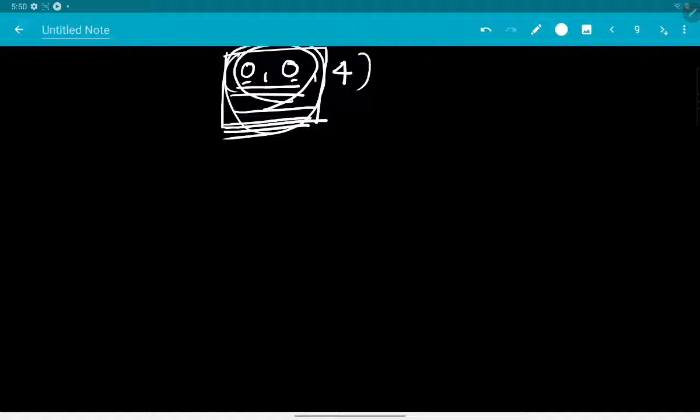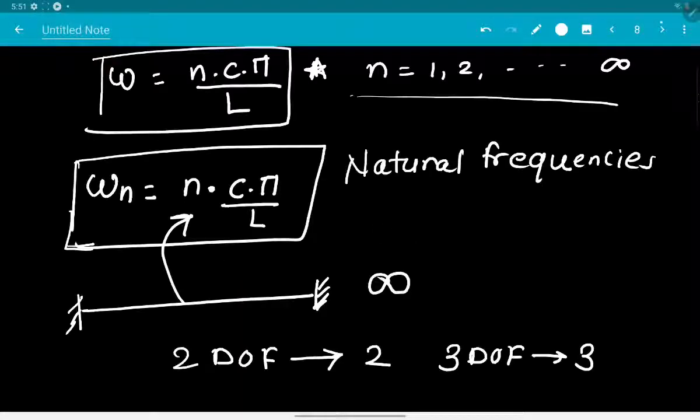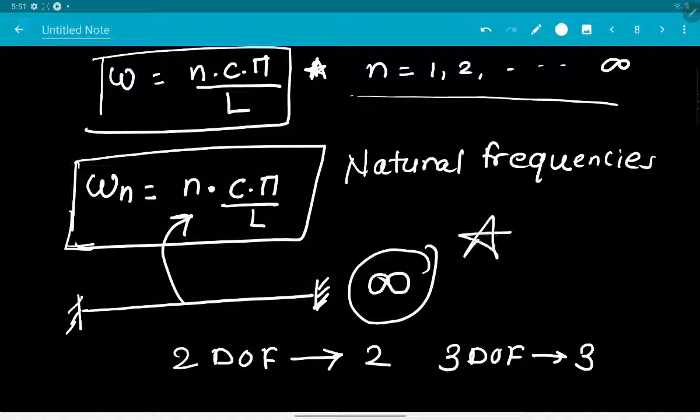In the multi-DOF systems, we were getting as many natural frequencies as the number of DOFs we had. Now in this case, where we are considering a continuous system, we are getting an infinite number of natural frequencies.